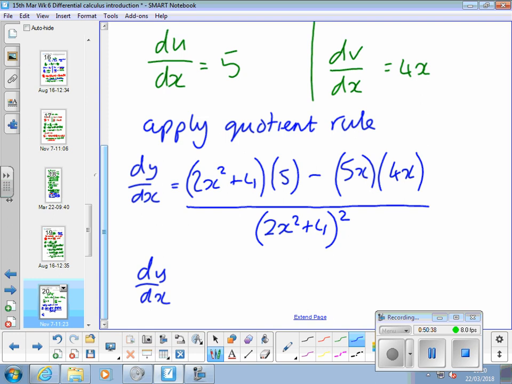What are we doing here? What happens if we multiply these brackets out? 10x squared plus 20. Got to multiply 4 times 5.